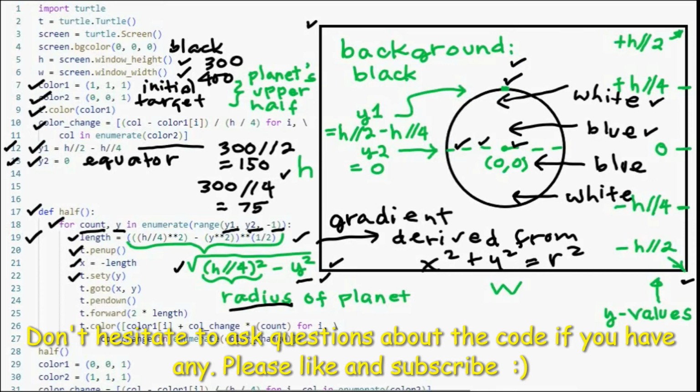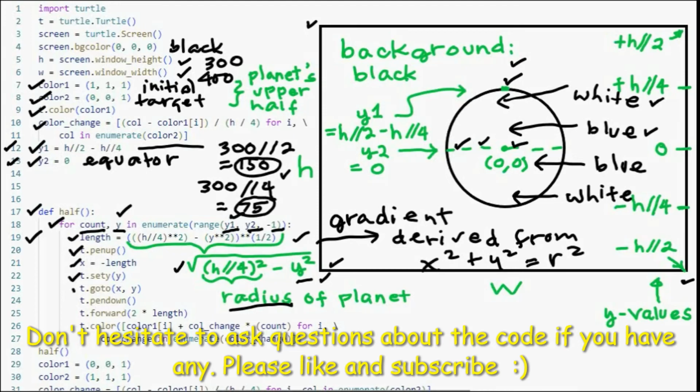The y here is whatever y I have in the loop here. The first y that I have, remember, is y sub 1 here. So the y here is y sub 1. And what is y sub 1? It is 150 minus 75. So that's 75.